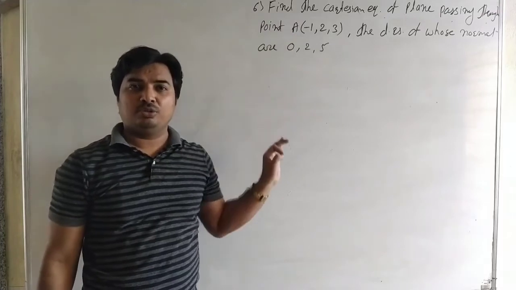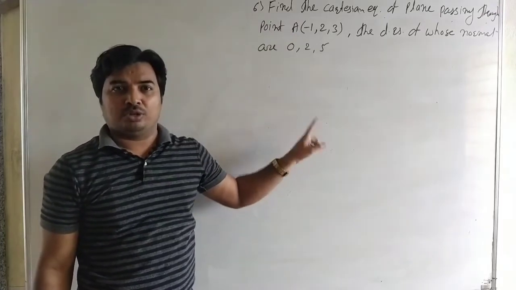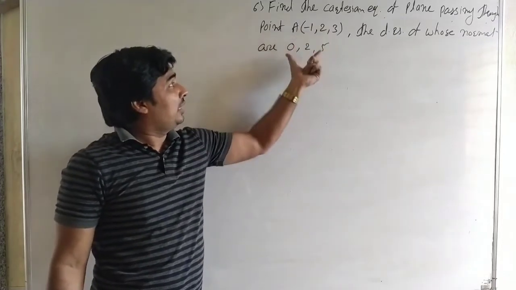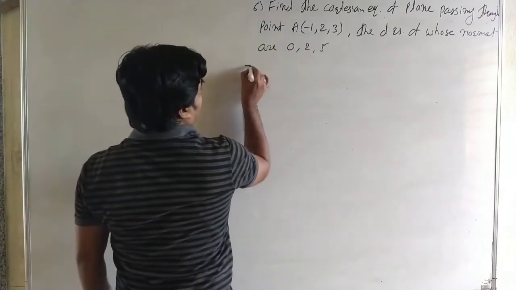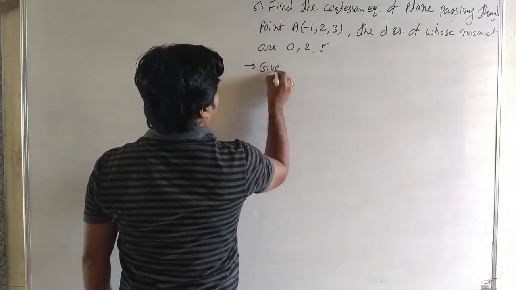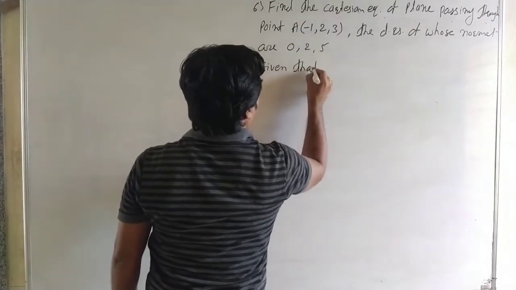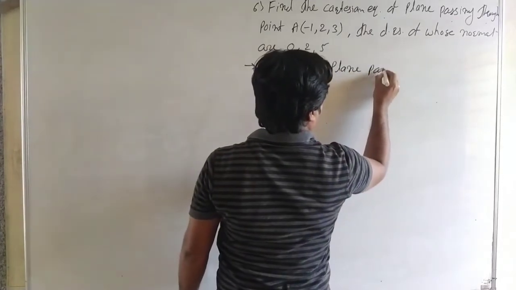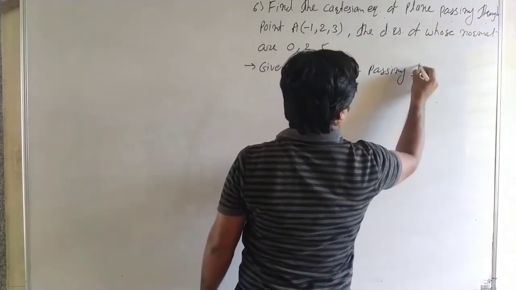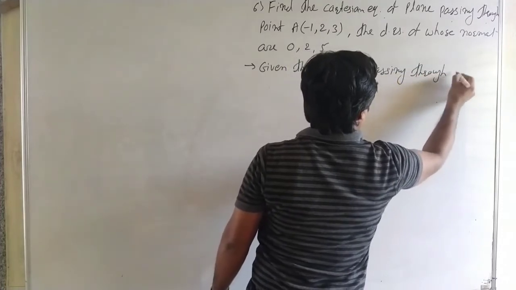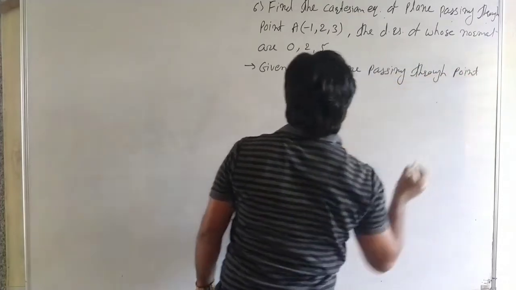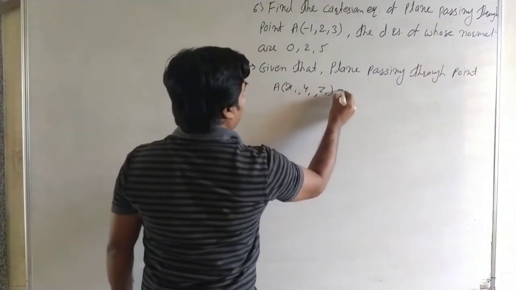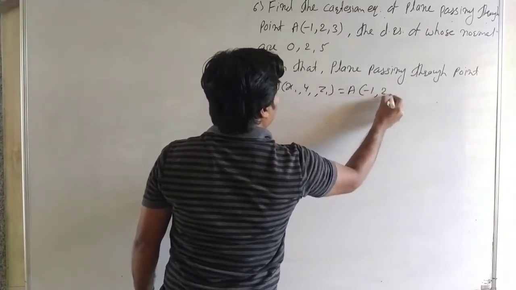And we know that the Cartesian equation of plane is a into x minus x1 plus b into y minus y1 plus c into z minus z1. It is x1 y1 z1 and it is a b c. Here given that the plane passing through point x1 y1 and z1, it is -1, 2 and 3.